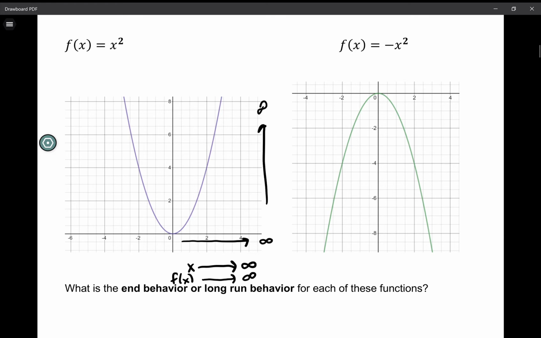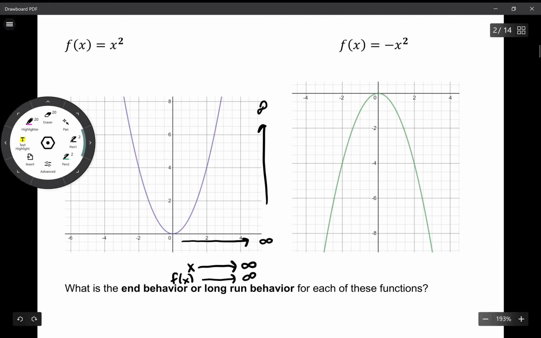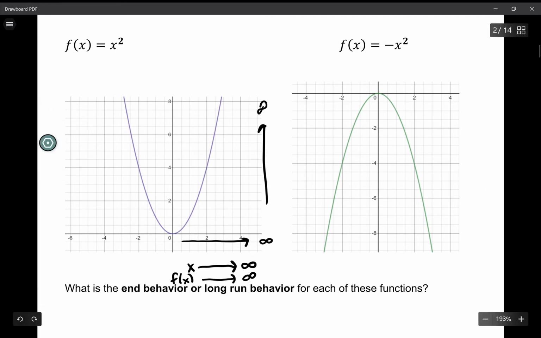And that's just one end behavior, one long run behavior, going every spot into the future. We also go all the way back into the past. So we want x to go to minus infinity. It's getting smaller and smaller, but it's still being squared.